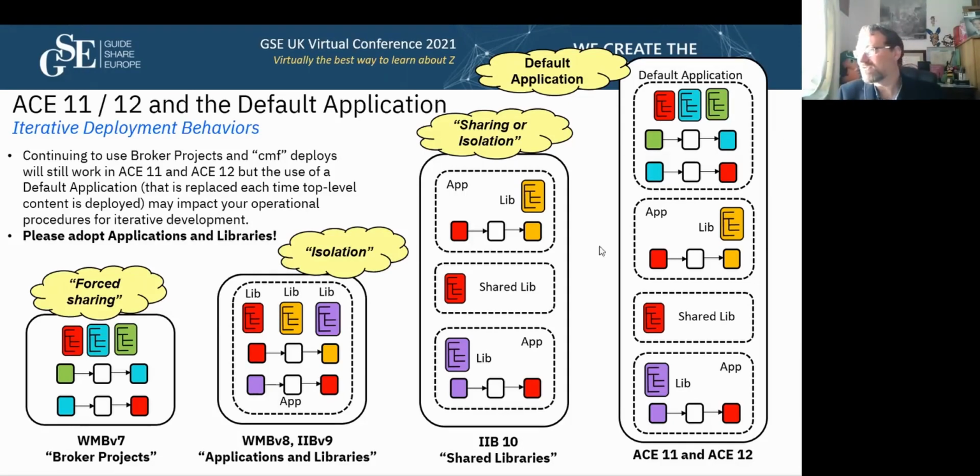For example, you've changed this app, and so it's taken effect here, but it's not taken effect there until it's been stopped and started again. It's a bit like static and dynamic. We really want to try and stick with applications and shared libraries and move away from the default application at that very top level.